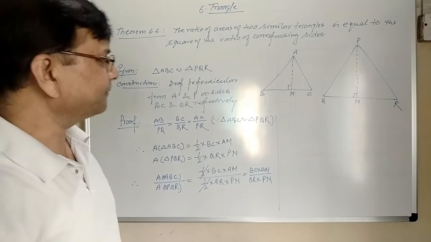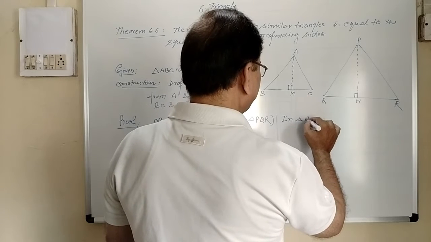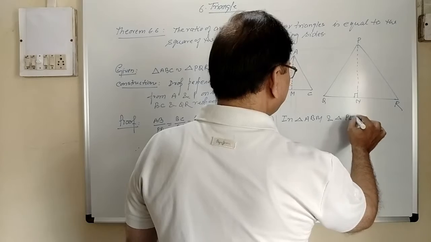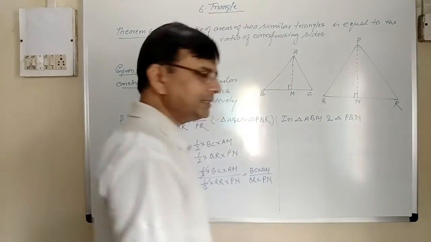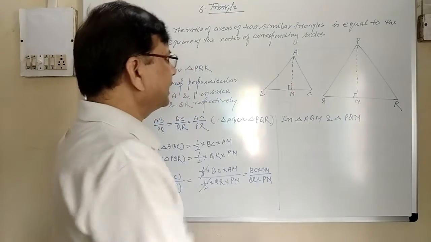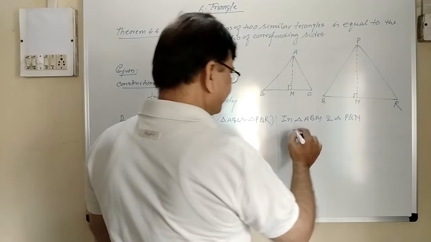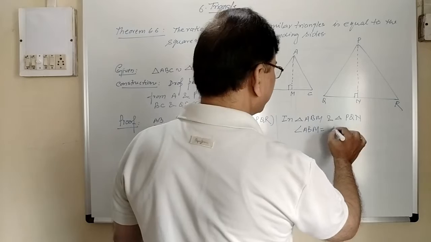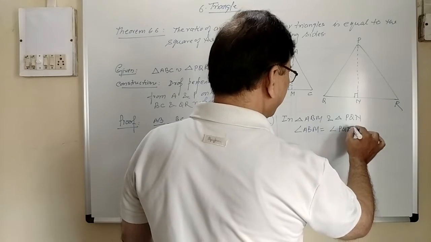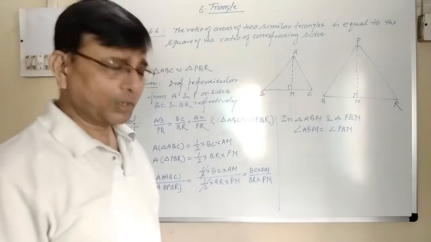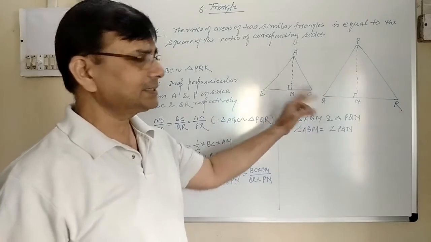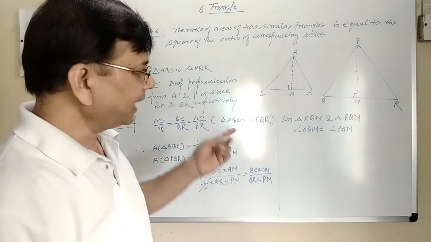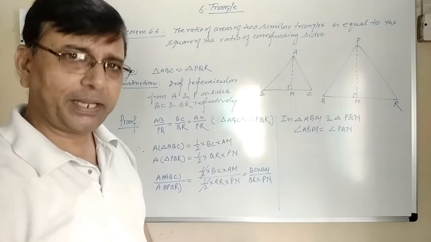We will further proceed. In triangle ABM and triangle PQN, if you are taking these two triangles, angle B is equal to angle Q. Why? Because these two triangles ABC and PQR are similar, the ratio of corresponding sides will be equal and corresponding angles will also be equal.